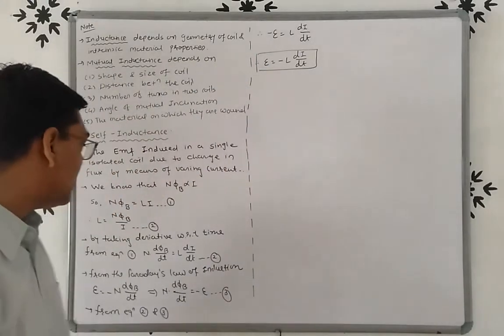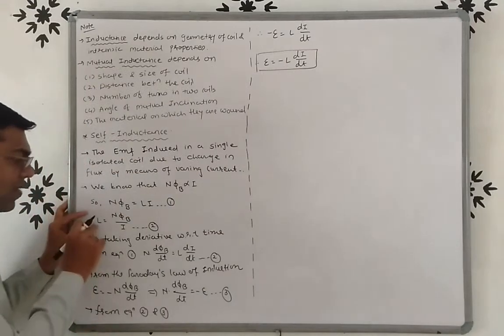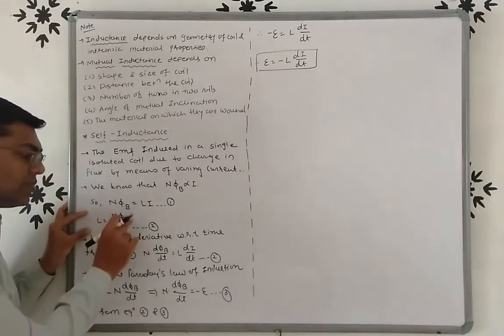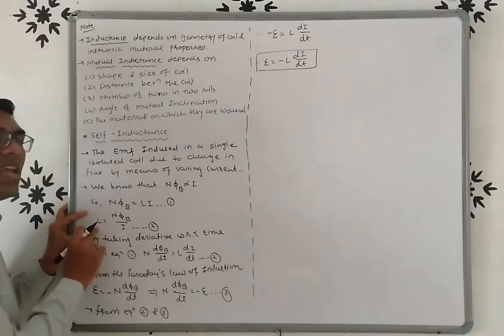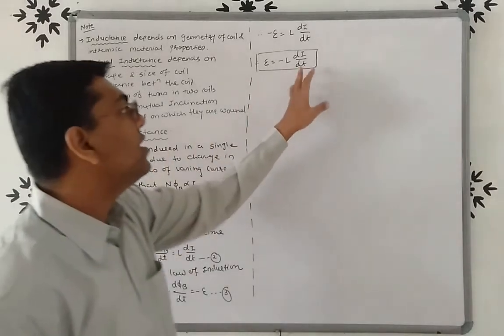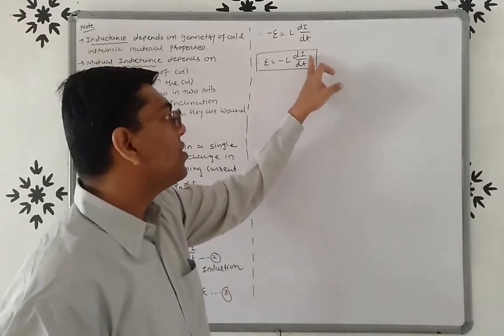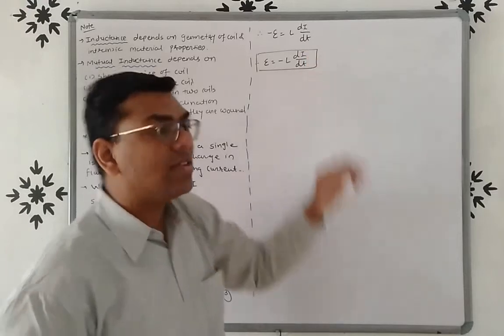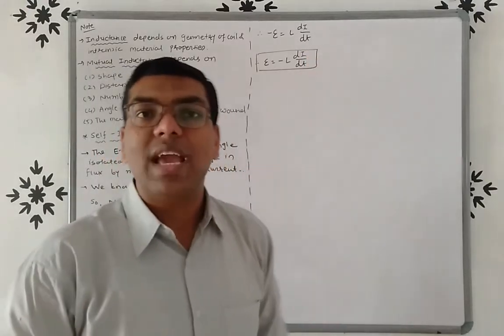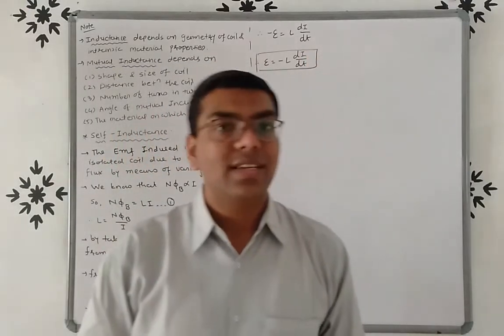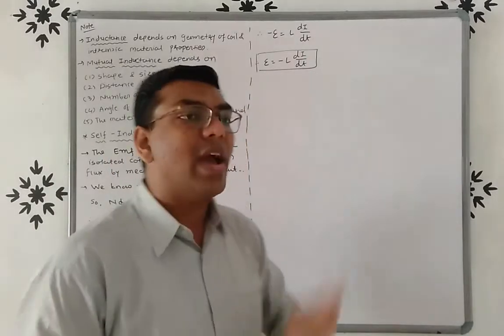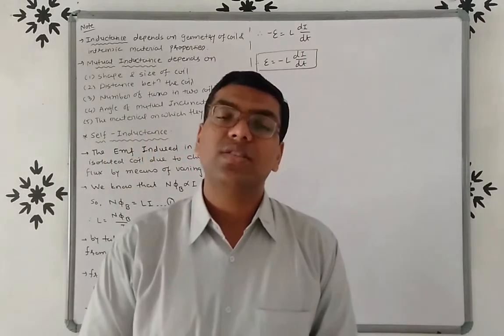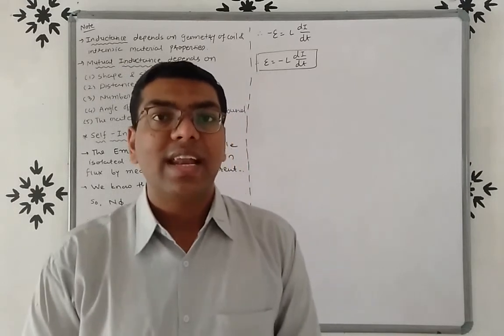First, magnetic flux per unit current is known as self-inductance. And second, if di by dt is equal to 1, then the induced EMF is known as self-inductance. So you have to write the two definitions of self-inductance, right?